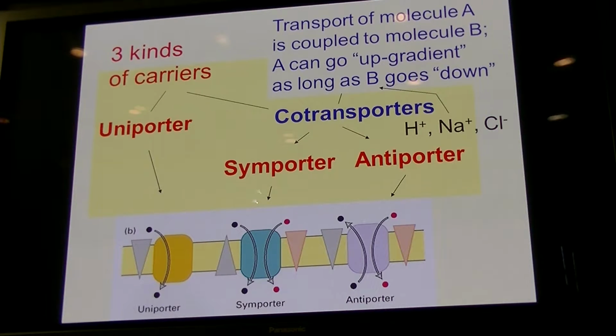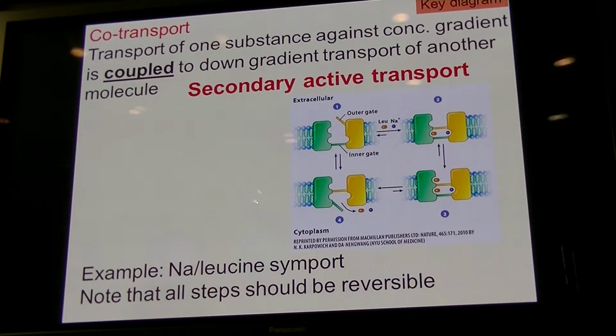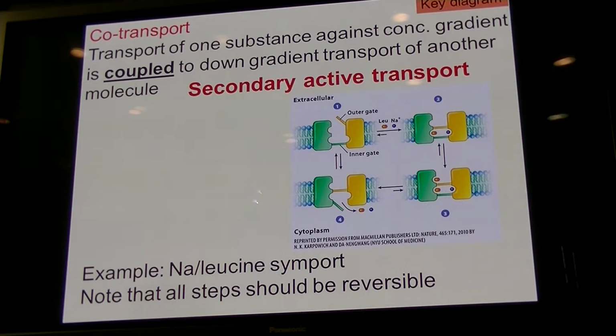So it's the case. So symport, antiport, uniport, all forms of transporters or carriers. Okay, so it now means that we can use carriers, symporters, to move molecules against a concentration gradient.